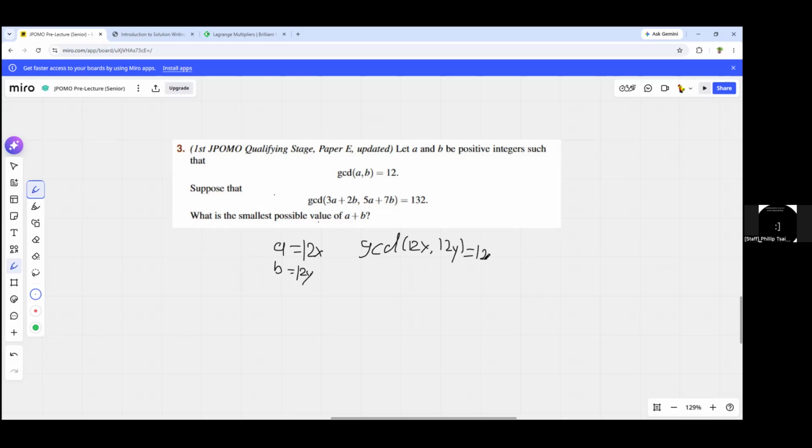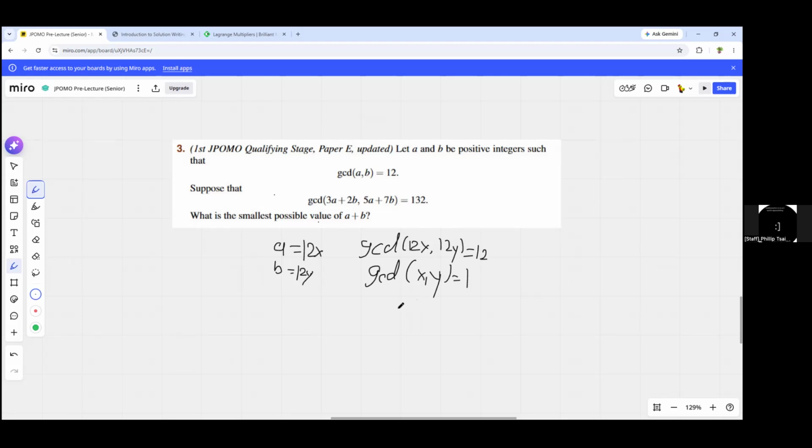We can deduce from this that since 12x and 12y are both multiples of 12, x and y must be co-prime. In other words, the greatest common divisor of x and y is equal to one.